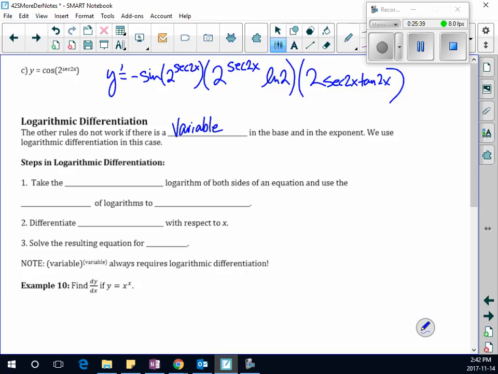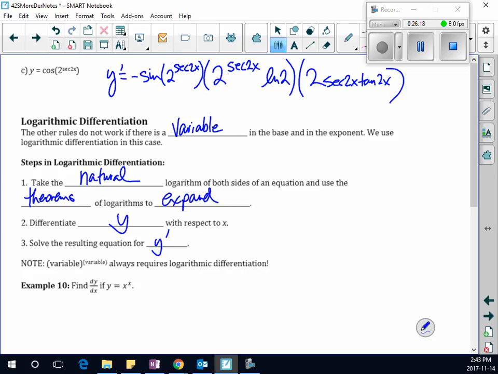The steps in taking logarithmic differentiation: take the natural logarithm of both sides of an equation and use the theorems of logarithms to expand. So you're trying to get that variable because it's the exponent. Yes. Then we differentiate y with respect to x, and solve the resulting equation for y prime.